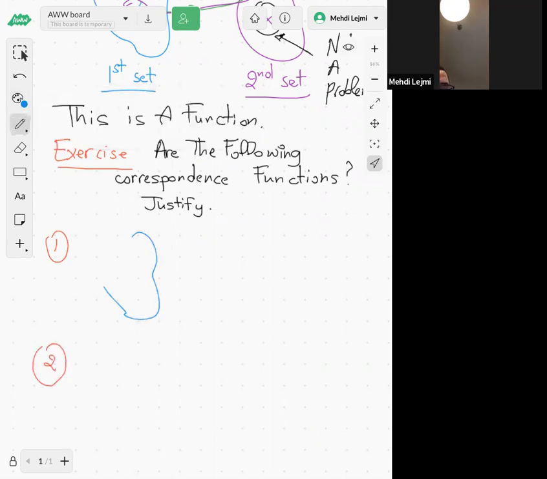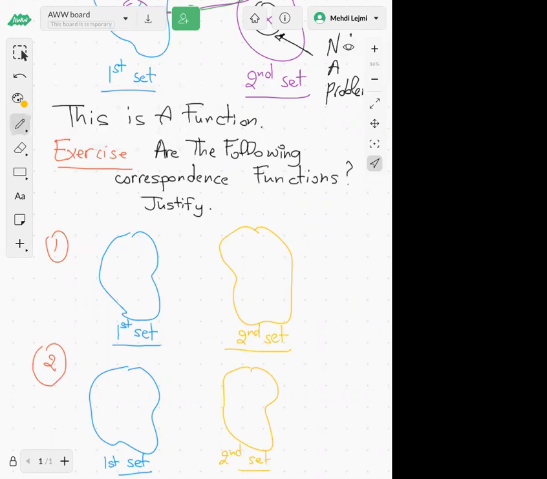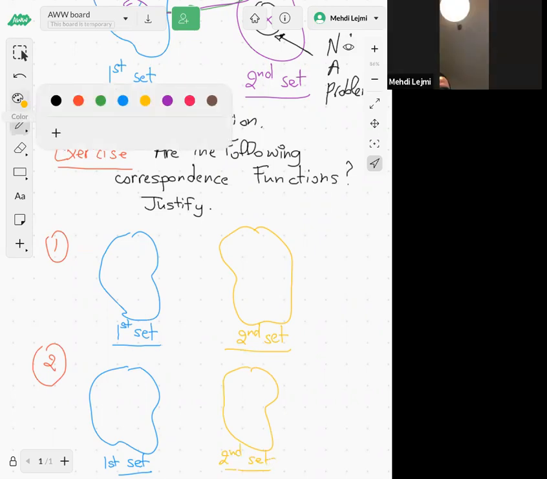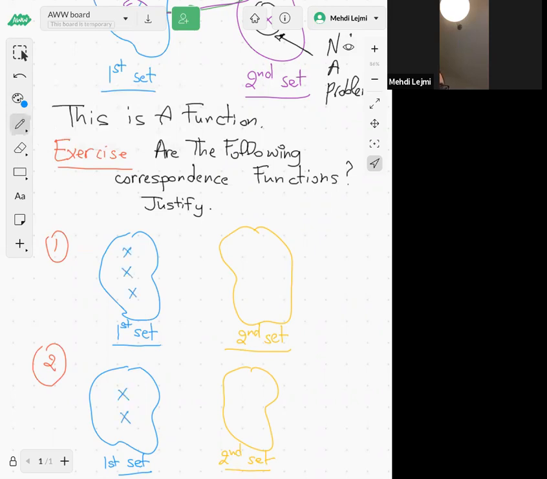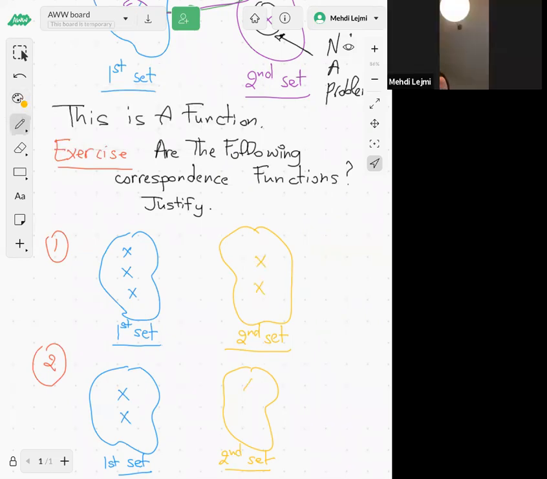Here's my first set, so that's my set of inputs. Here's the same, first set. And here's my second set, the set of outputs. So second set right here. All right, guys, let's say we have 3 points here, and 2 points here, 2 here, and 3 here.